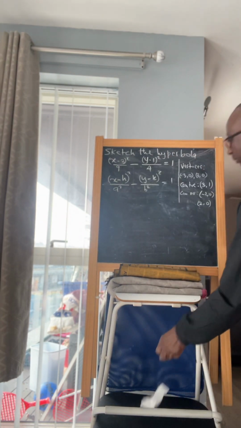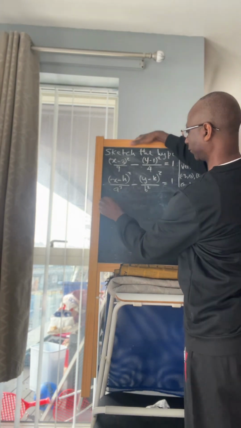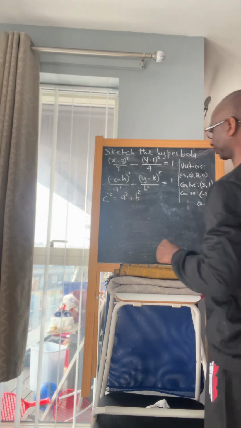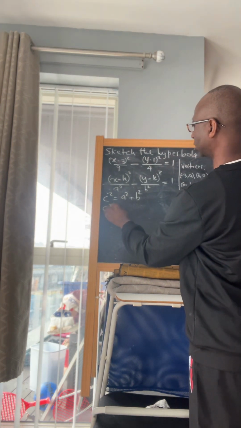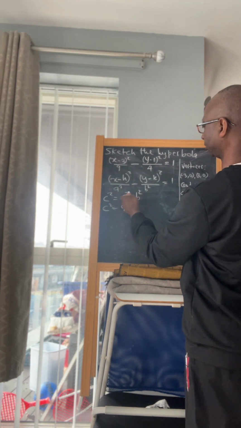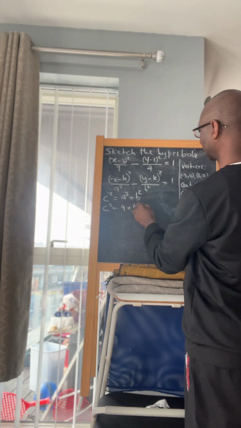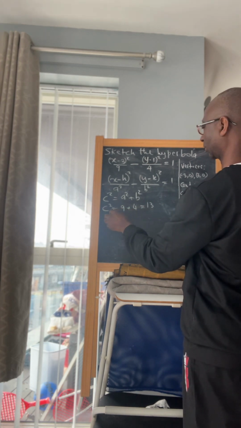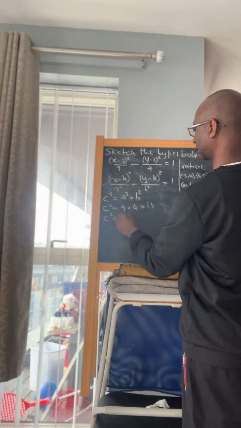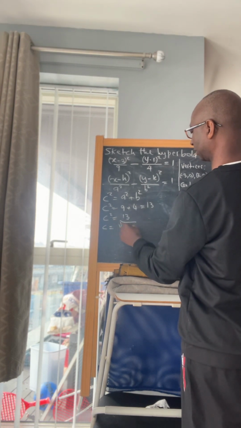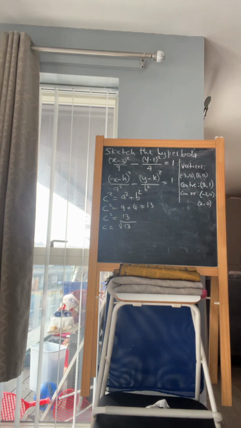Now let's find the foci of the hyperbola. You get that from a formula that says c squared equals a squared plus b squared. So c squared here equals a squared, which is 9, plus b squared, which is 4, and that gives you 13. So c squared equals 13. Therefore, c equals the square root of 13. Let me use my calculator.